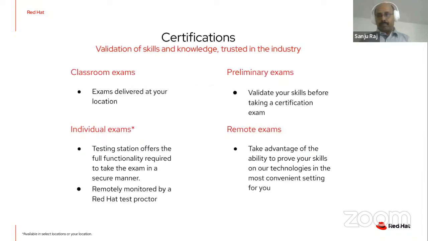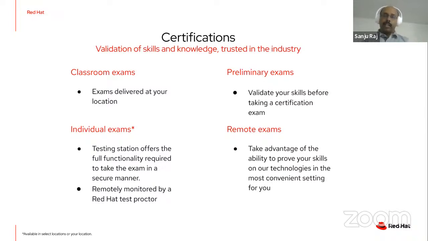When we talk about certifications, we mean preliminary exams and other certifications. We have different forms of exams available. Classroom exam, where a lot of people attend at a training partner and the exam is delivered at their location. Individual exams, which you can take from a facility called COLA.